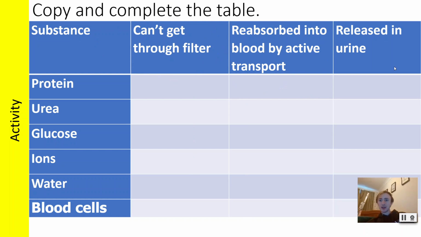And if you think it's released in the urine, you put a tick under this. So pause me. Oh, by the way, some of them can be both. They might be both reabsorbed and some of it's released into the urine. So have a think about it. But pause me, fill this in. This will take you a good 4 or 5 minutes, and then I'll give you your answers.